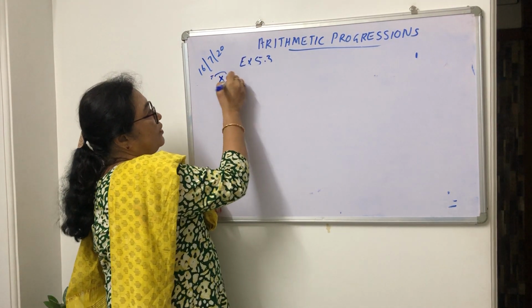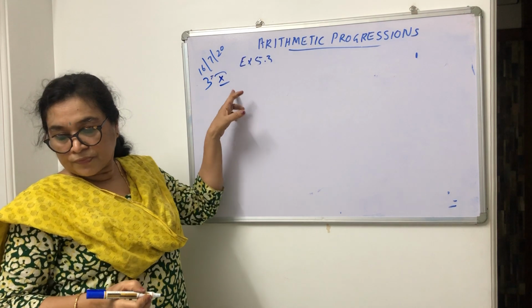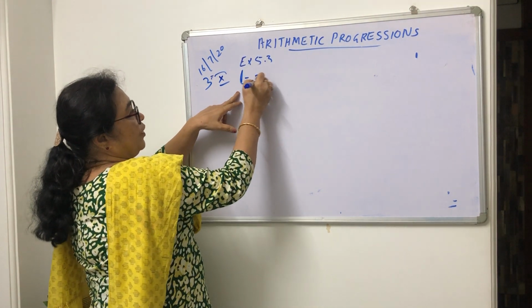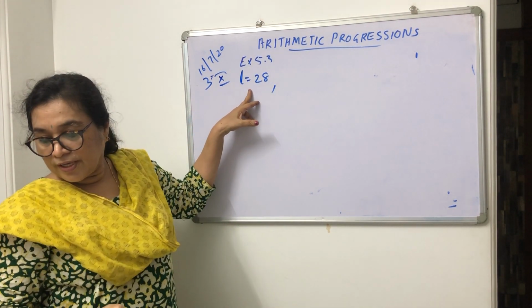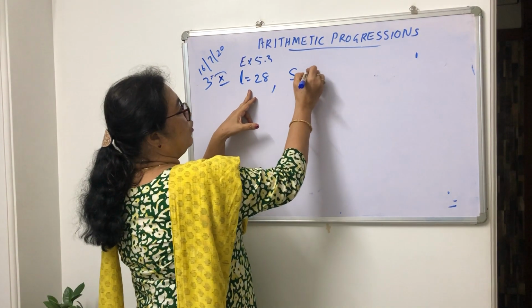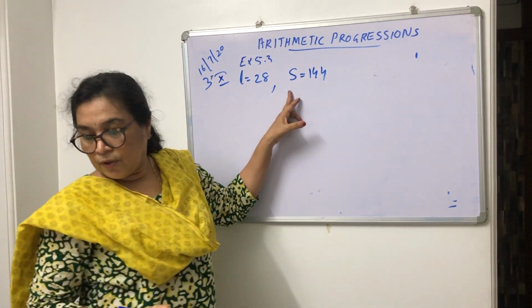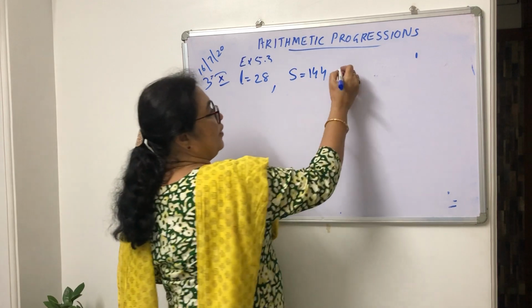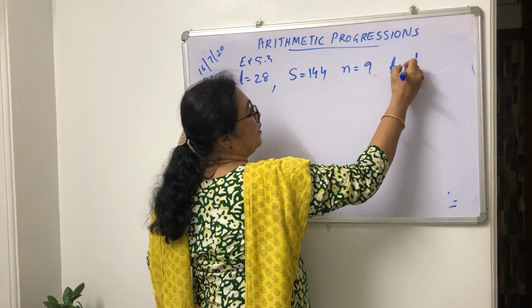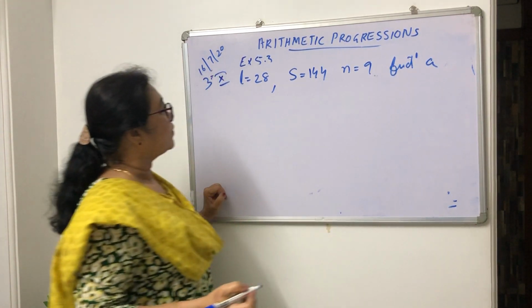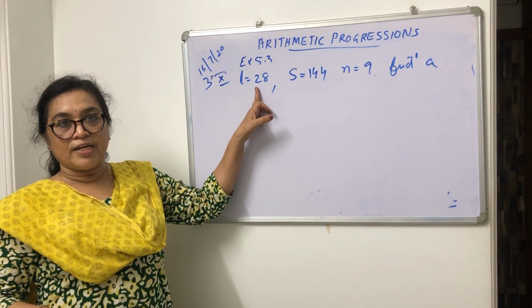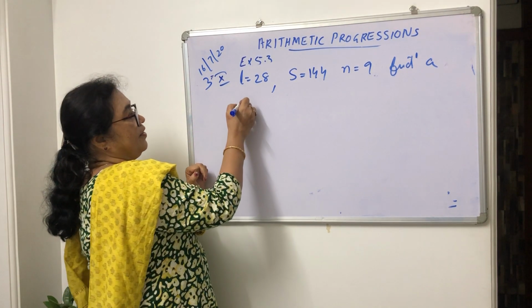Now 10th question, third question 10. L is equal to 28, S is equal to 144, N is equal to 9, find A. L means you know it is the last term, that is AN.